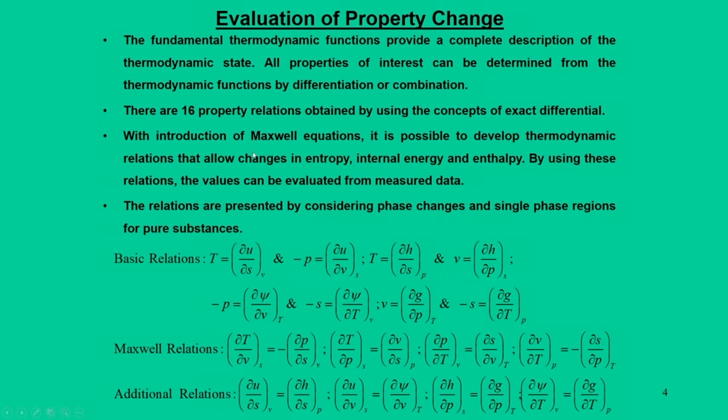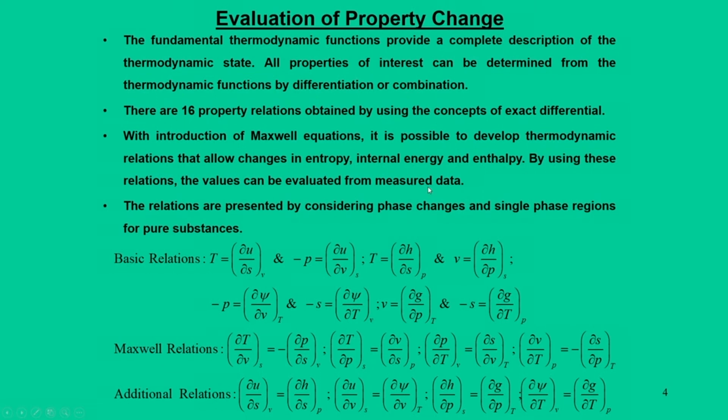Then we introduced Maxwell's equations, and through these Maxwell equations it is possible to develop the relations to allow the changes in entropy, internal energy and enthalpy. And in fact, these property values can be measured or can be evaluated from the measured data. That is the most important thing.